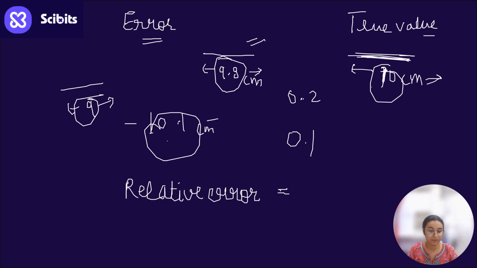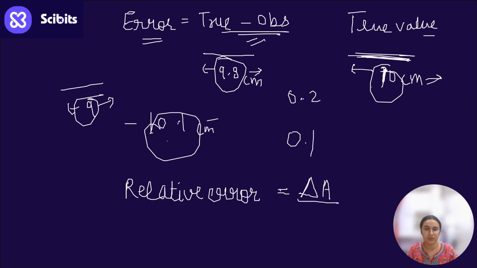Relative error will be your absolute error. This is absolute error, by the way: true value minus observed value. What is relative error? Relative error is this absolute error upon the mean of these observations.